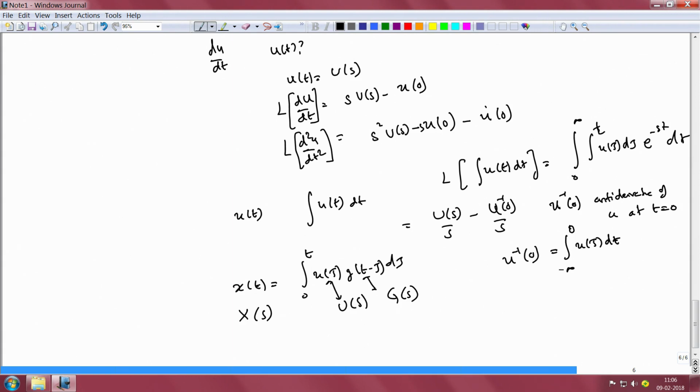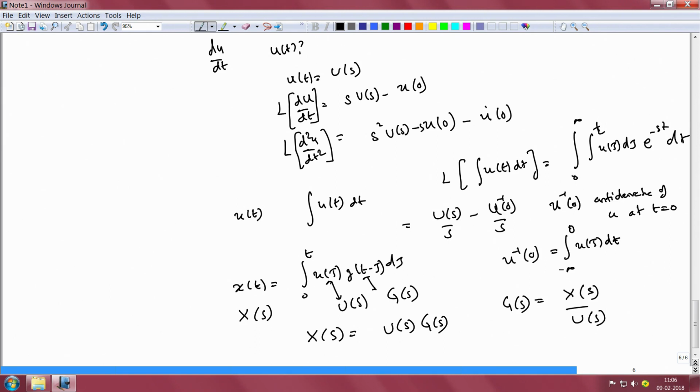You can show, using mathematics very similar to what was employed in the case of Fourier transforms, that x of s will be equal to u of s times g of s. In other words, g of s, which is the Laplace transform of the impulse response, is the ratio of the Laplace transform of the response to any input, x of s, divided by the Laplace transform of the input itself, namely u of s.